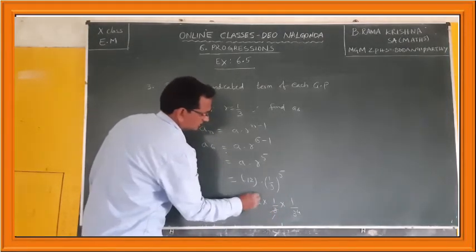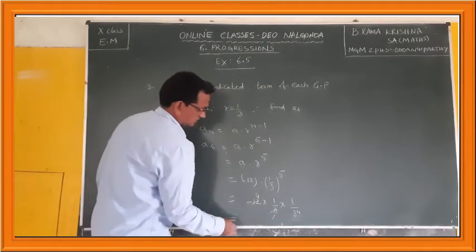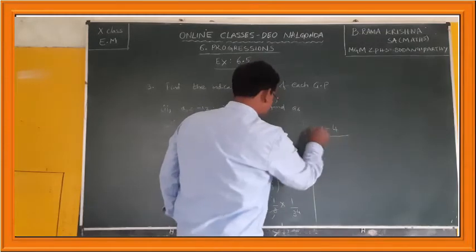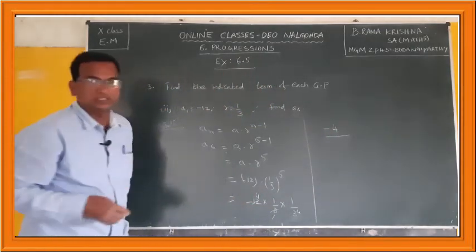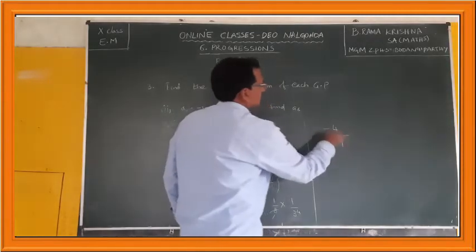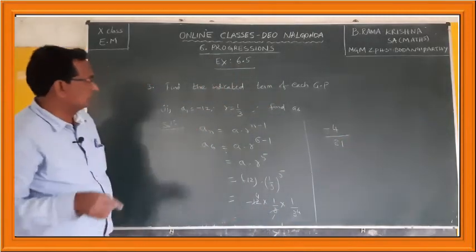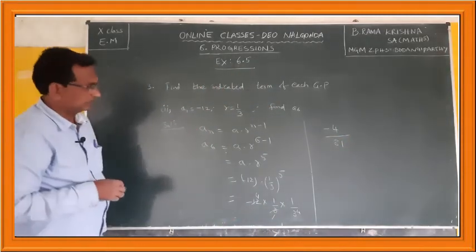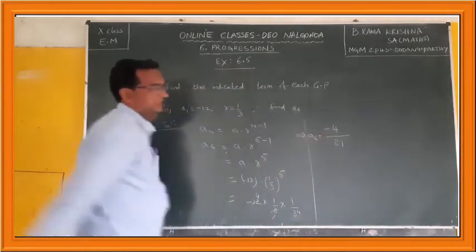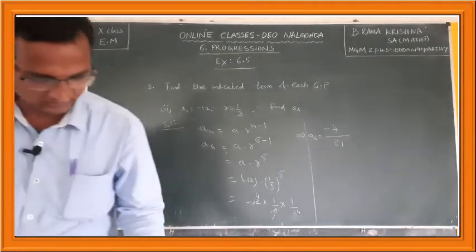Which is equal to minus 4 by 3 to the power of 4. 3 to the power of 4 is nothing but 9 nines are 81. So, this is the answer. A6 is minus 4 by 81. That's it.